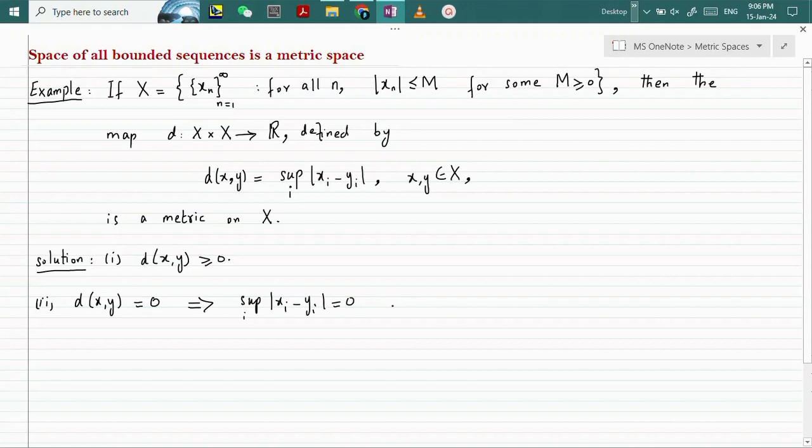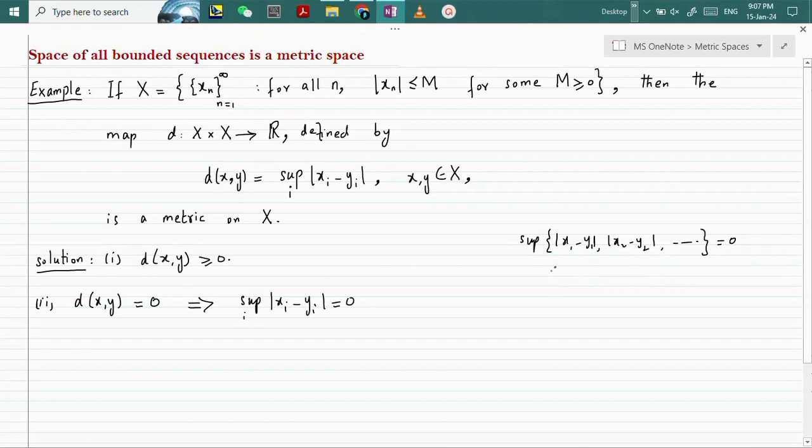Since the supremum of this set, x1 minus y1 mod, x2 minus y2 mod, and so on, is equal to 0, and the supremum is the least upper bound, meaning it is a number greater than or equal to each element of this set.